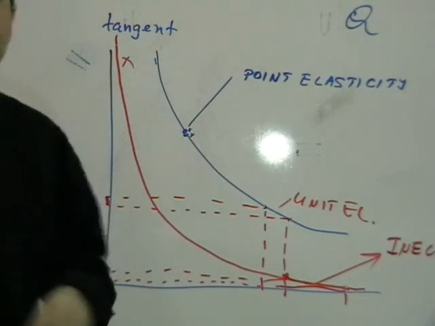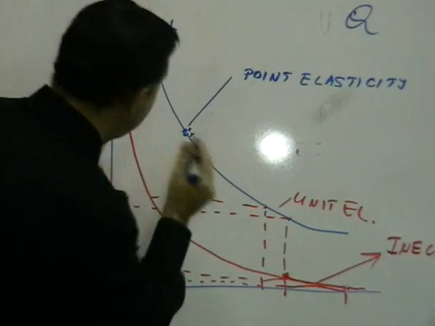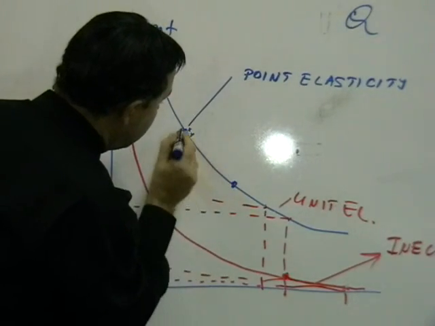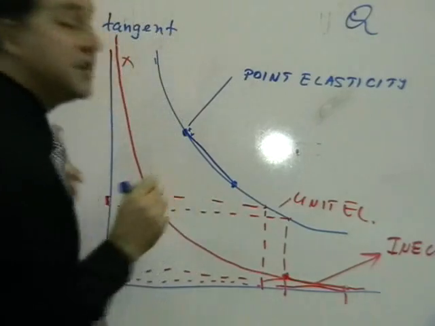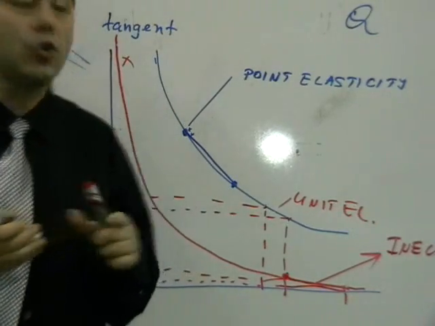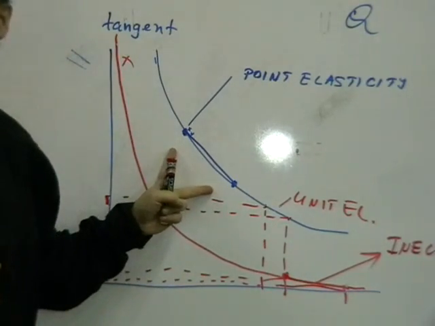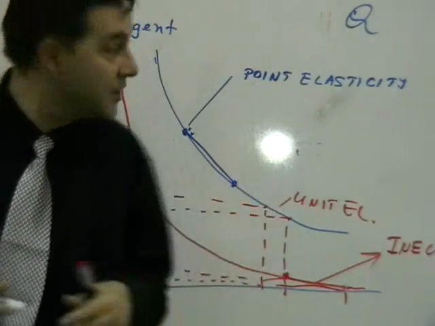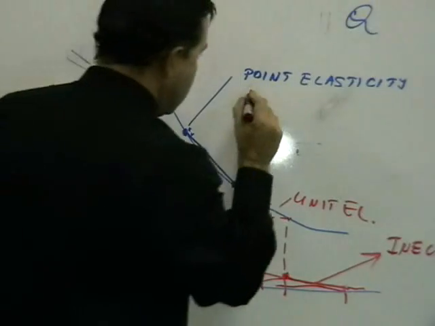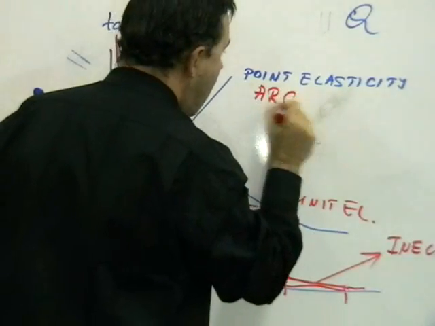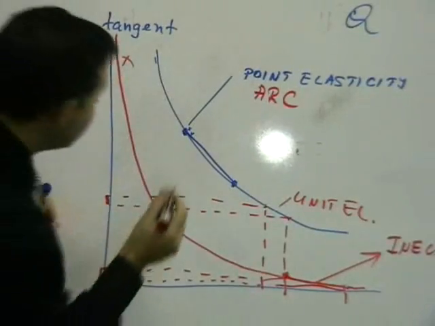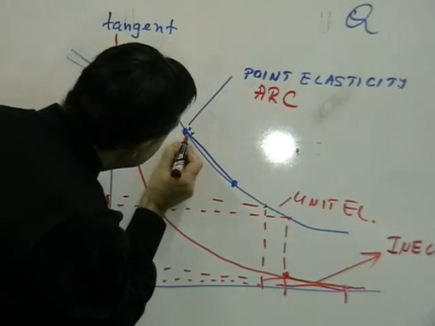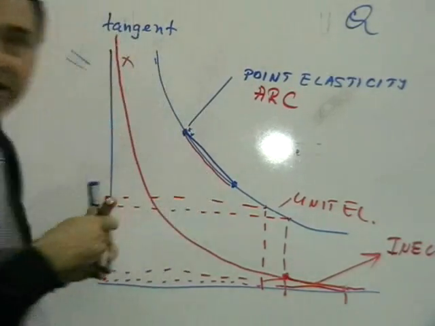In more elementary math, you can actually compute the elasticity for a whole range or a segment. So this becomes a range or a segment, and I think they use the term arc elasticity because we're computing it actually over the arc.